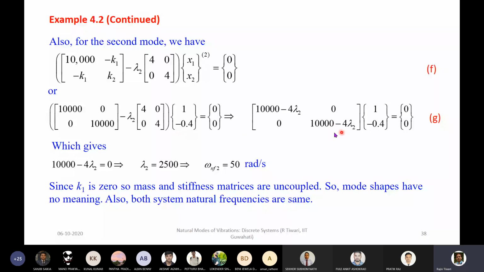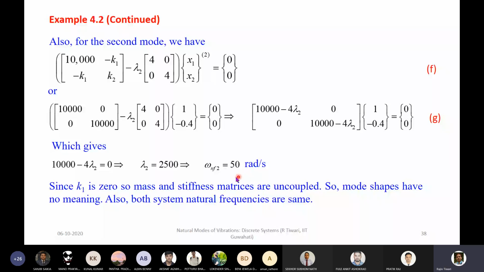You'll see that from the first equation or the second equation we are getting the same value of lambda 2, that is 2500, and from there we can get the natural frequency by taking the square root. It turns out that both the natural frequencies are the same here, because the first natural frequency was also 50.